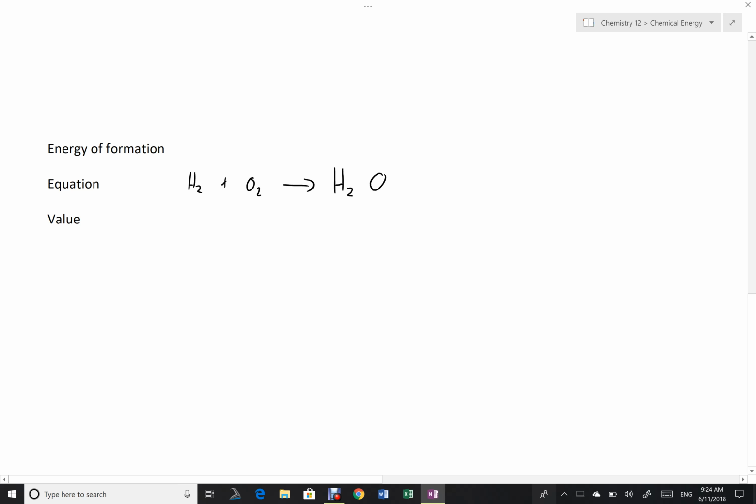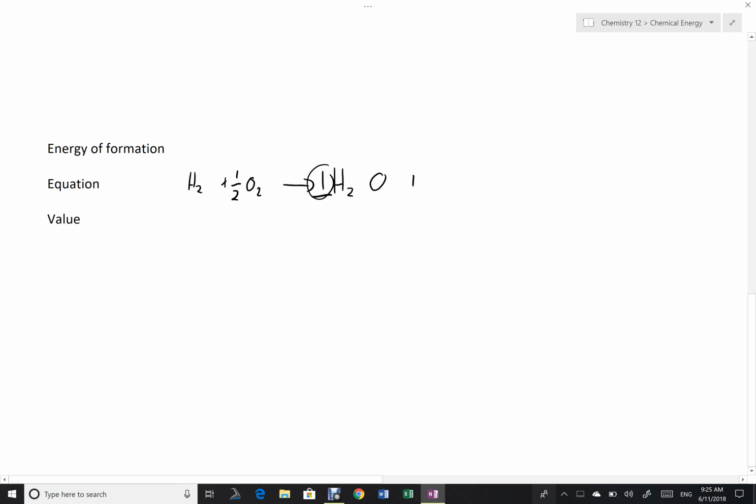We need to balance these formation equations, but unlike normal equations where we can't have fractions in a balanced chemical equation, because we're simply trying to find out the energy for one mole of water molecules, I can use fractional coefficients to balance this. So I can say that this energy of formation equation is H2 plus 1/2 O2 to form that H2O. I don't have to go 2, 1, 2 like I would in a normal situation, because again, I want to make sure this coefficient works out to 1.